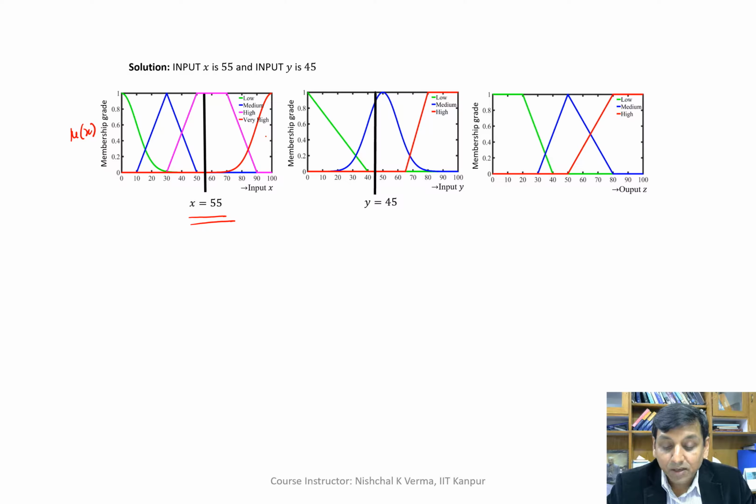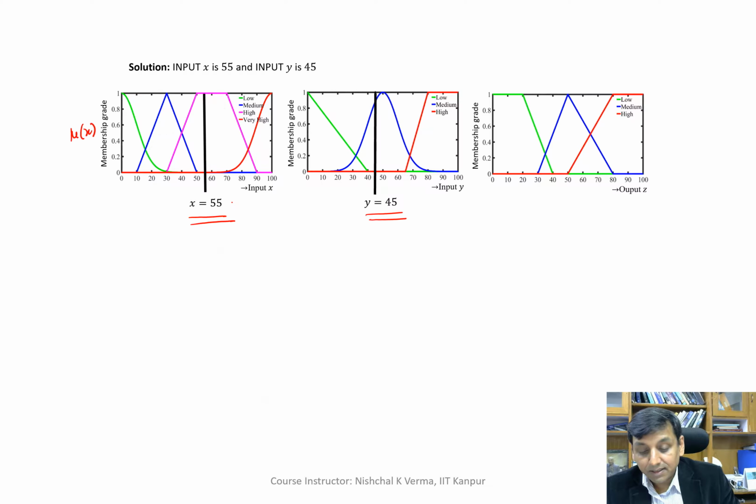Maybe very high, which is a Gaussian, may be relevant here. It is not very visible, but we will be getting a very negligible value. Since very high is a Gaussian, this is not going to be 0 for X is equal to 55. Similarly, for Y is equal to 45, we see that only medium is applicable, because low has 0 value corresponding to Y is equal to 45, and similarly high is also 0.